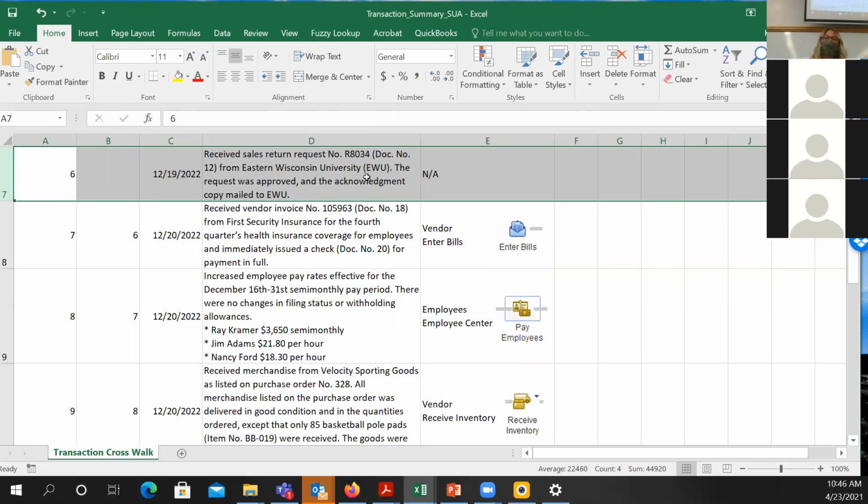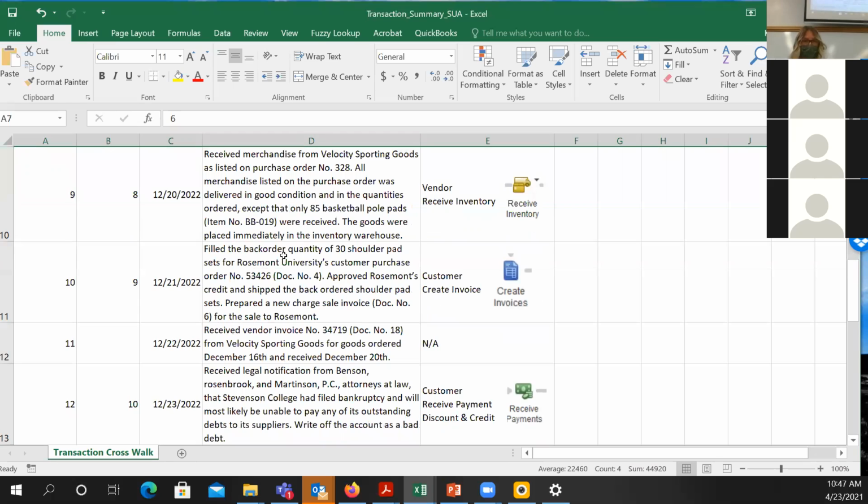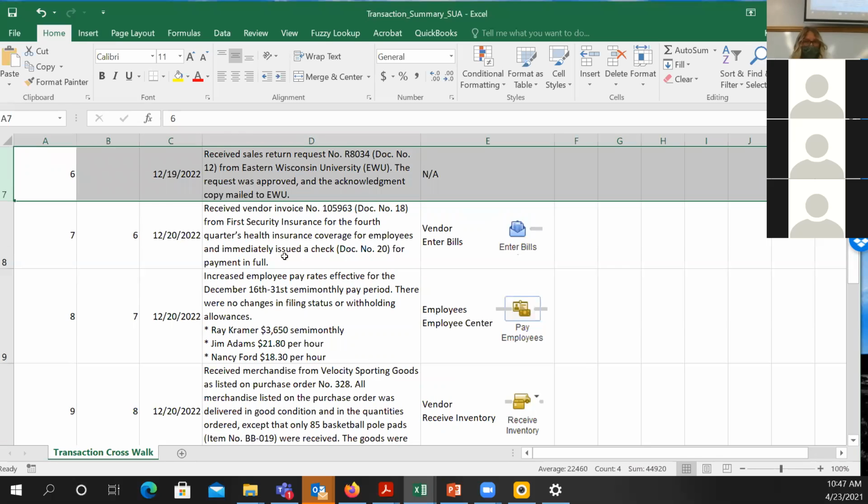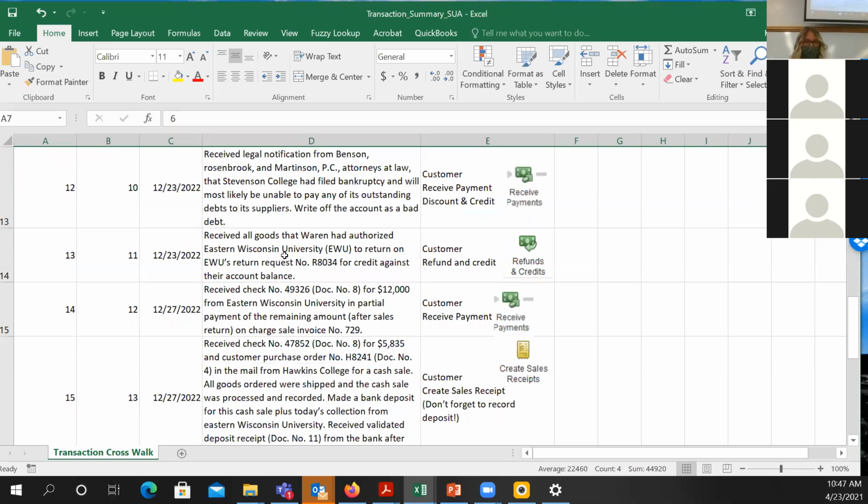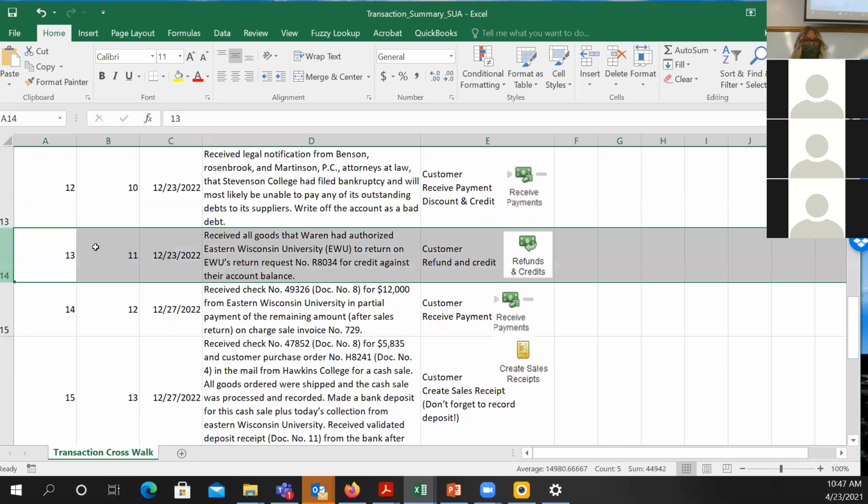We signed off our agreement, sent them back that document that gave them the okay to bring the goods back to us. Here, we just do it all in one step under transaction number 13 in the manual aid, and it's 11 in the QuickBooks assignment.